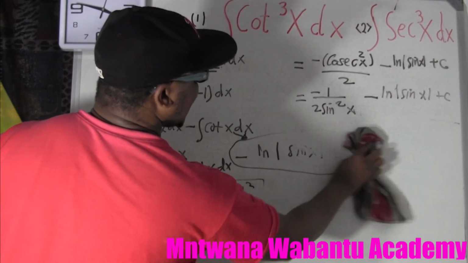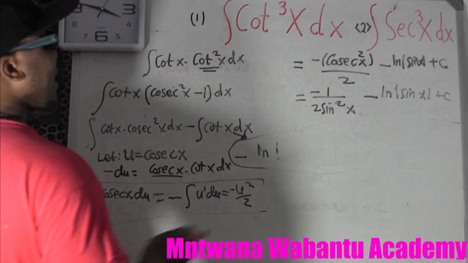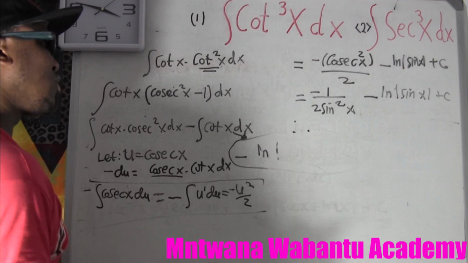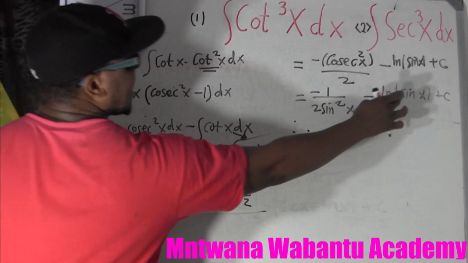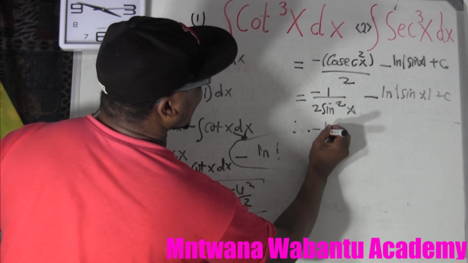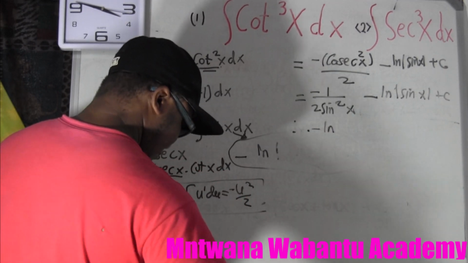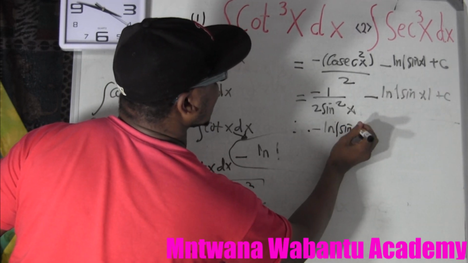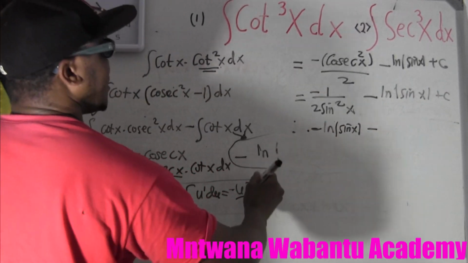And then we say, let's finalize. So finally, when you integrate cot cubed, you get this answer. You can either write it like that, or you can start with this, or you can take the negative. That's what you can play around with. Or let me start with a negative ln sine, however you want. It's your option now.